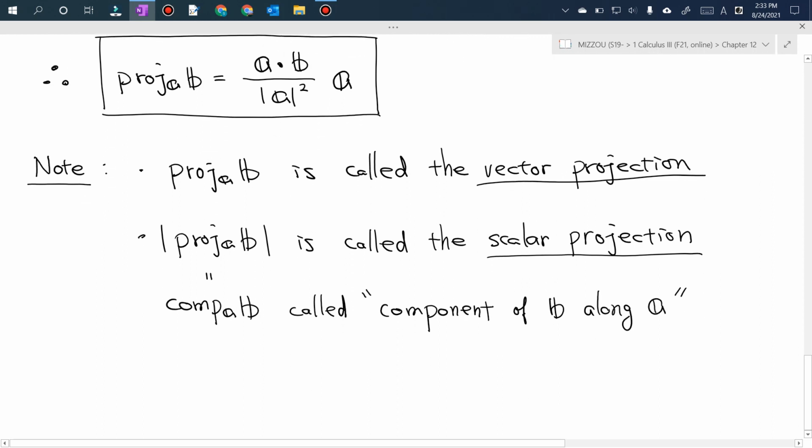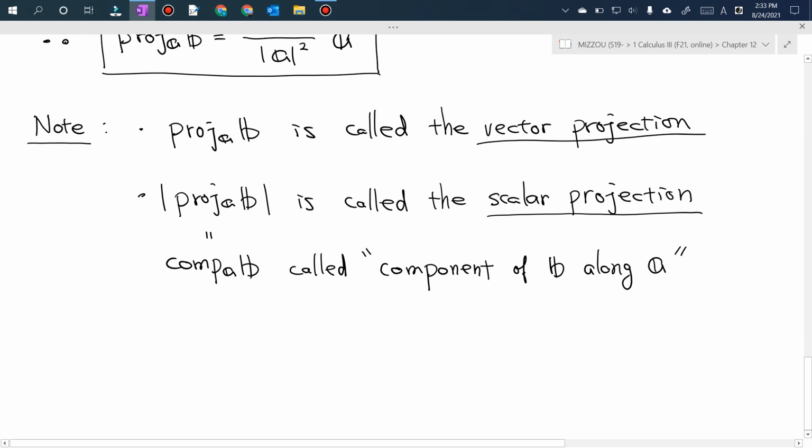The reason is this. Basically, the idea of projection is this. Suppose you have a vector A, and then suppose you have a vector B, and if you project this down to vector A, you get another vector like this, and the magnitude of this is sort of like a component of the vector B. And in fact, if you have another A, like A prime, and you do the same thing with A prime, then you get two vectors, one on A and the other on A prime.